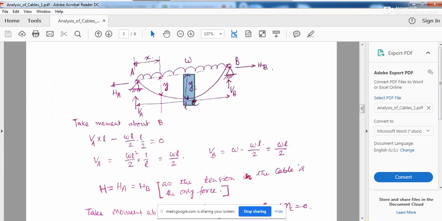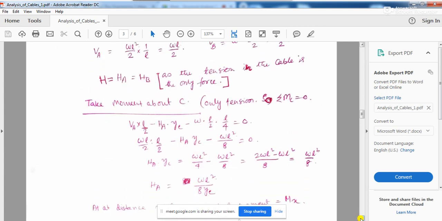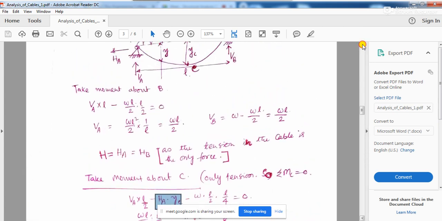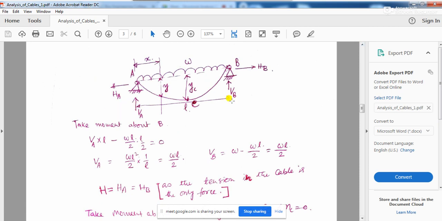So HA multiplied by YC will come. And the load on the half cable, C being the middle point of the cable, is W into L by 2, as from here to here the distance is L by 2. If I take the moment about C, the lever arm will be half of L by 2 again, so it will be L by 4.